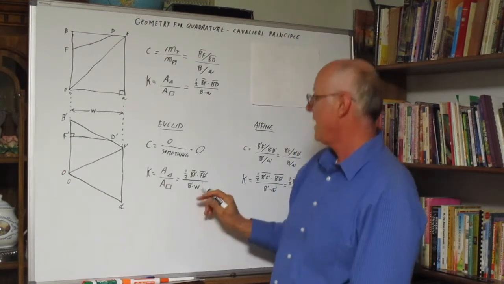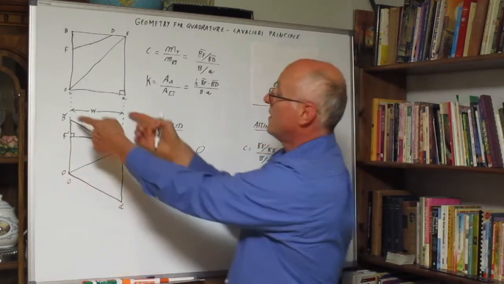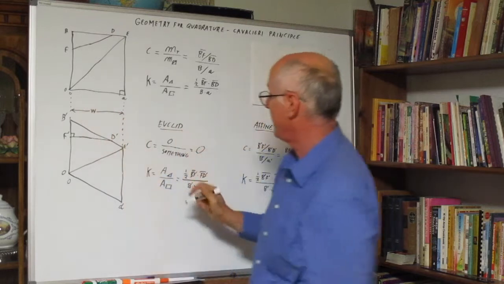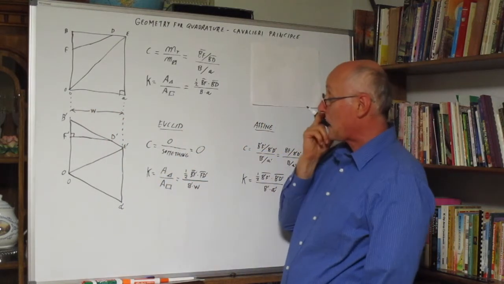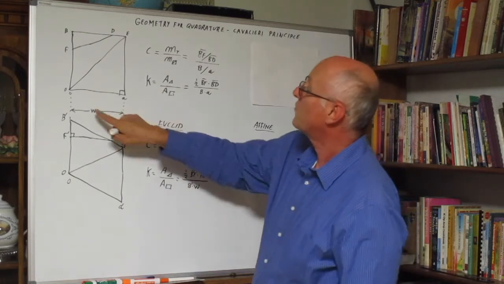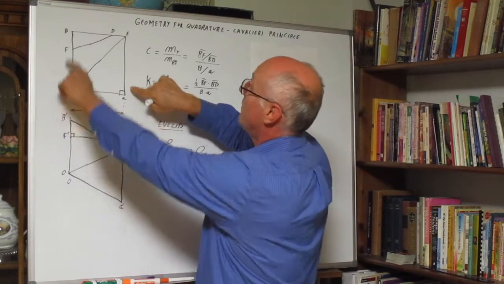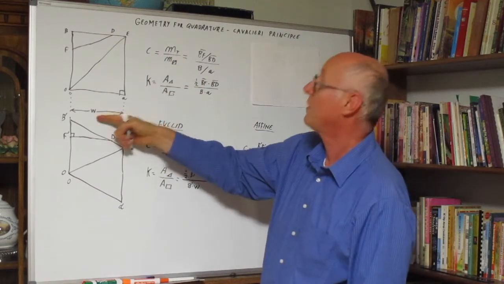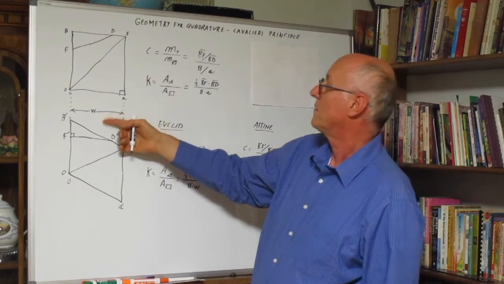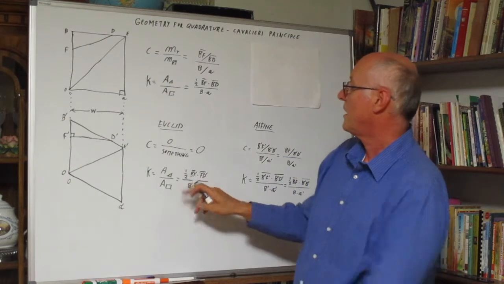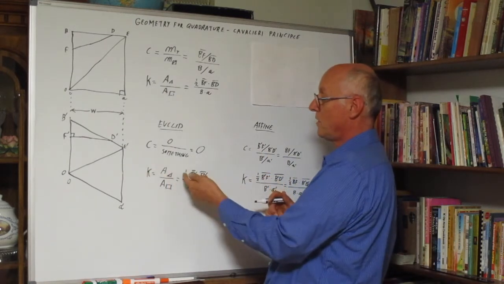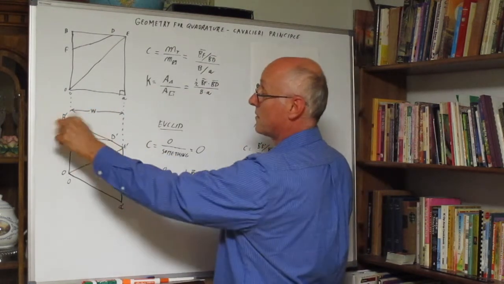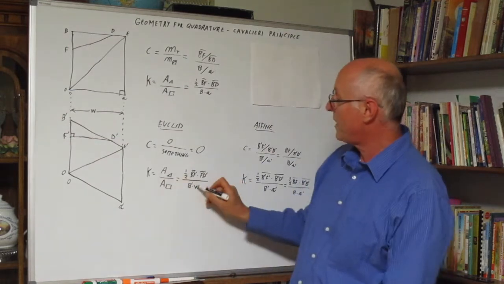Well, that's B prime times W, which is the distance between these lines. And W happens to be equal to the A over here before we shifted. W is A. So that's what the area ratio is: 1/2 B prime F prime times F prime D prime, over B prime times W.